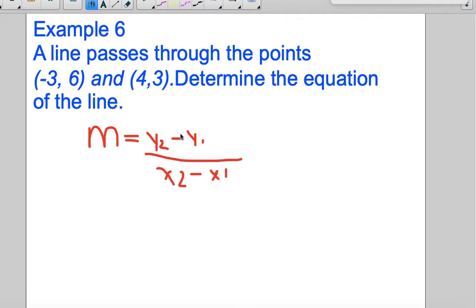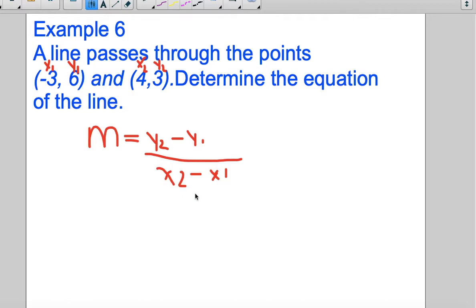So when we're given 2 points, like we are in this question, we have to find slope by doing this. This is our starting point. So this is the first set of coordinates. So these would be our x1 and this would be our y1. This would be our x2. This would be our y2.